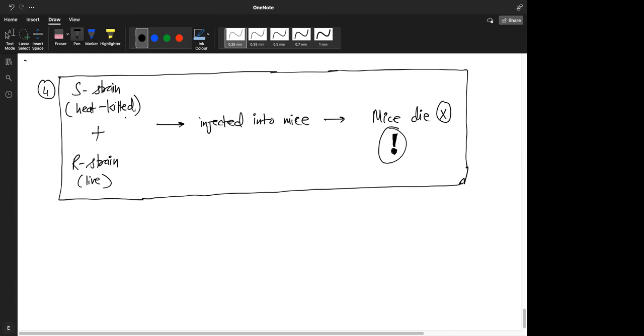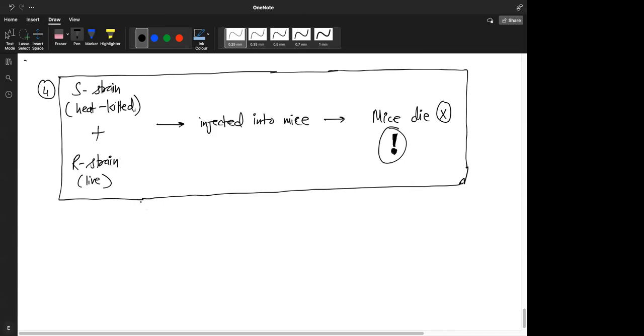So some DNA will just leak out, will be present in the medium, and that DNA, or that genetic material, I should call it genetic material because till now we do not know that it is DNA. So that genetic material was taken up by the R strain, and the R strain became virulent. R strain is called R strain because it cannot synthesize the polysaccharide chain around it, the mucus chain. And S strain can do that, which means it must have some genes for it. Those got transferred from S to R and transformed the R into S.